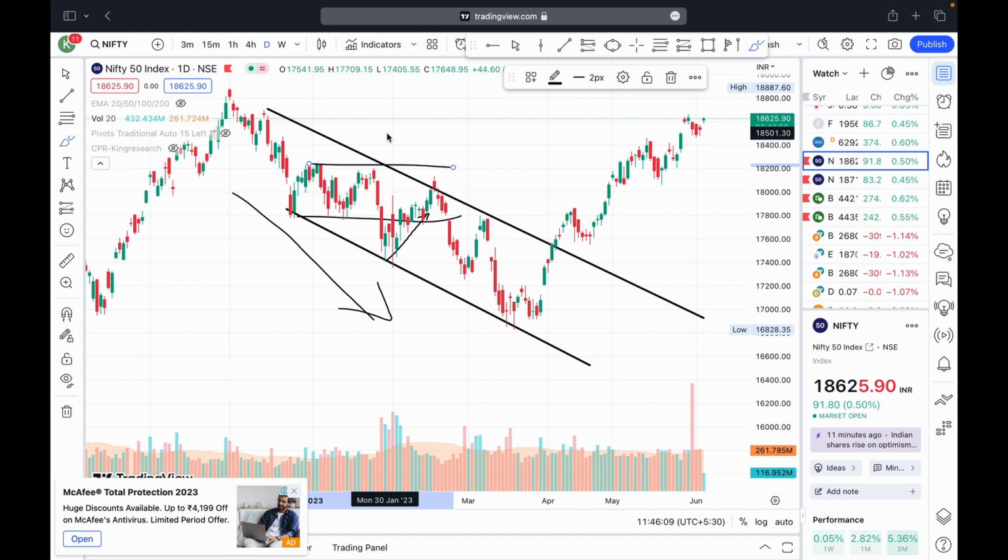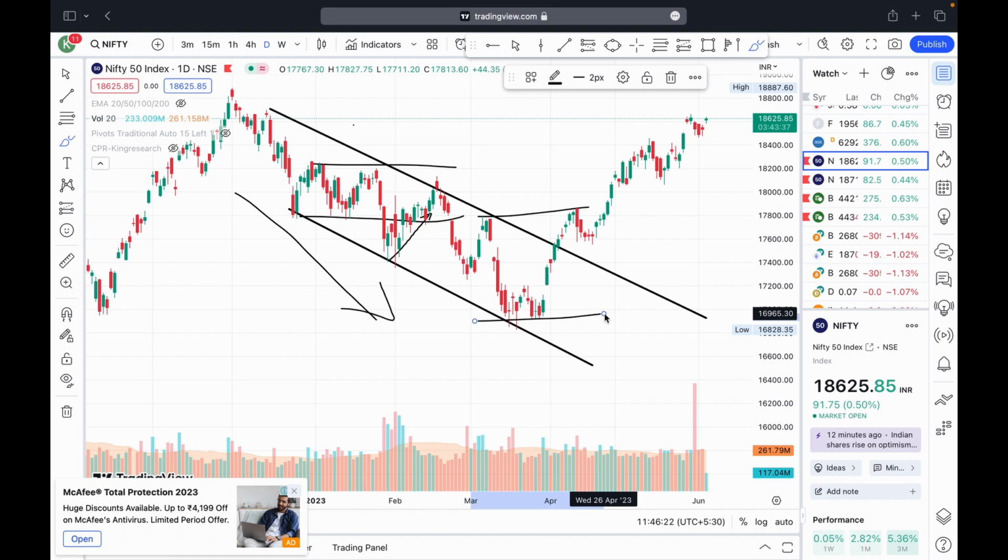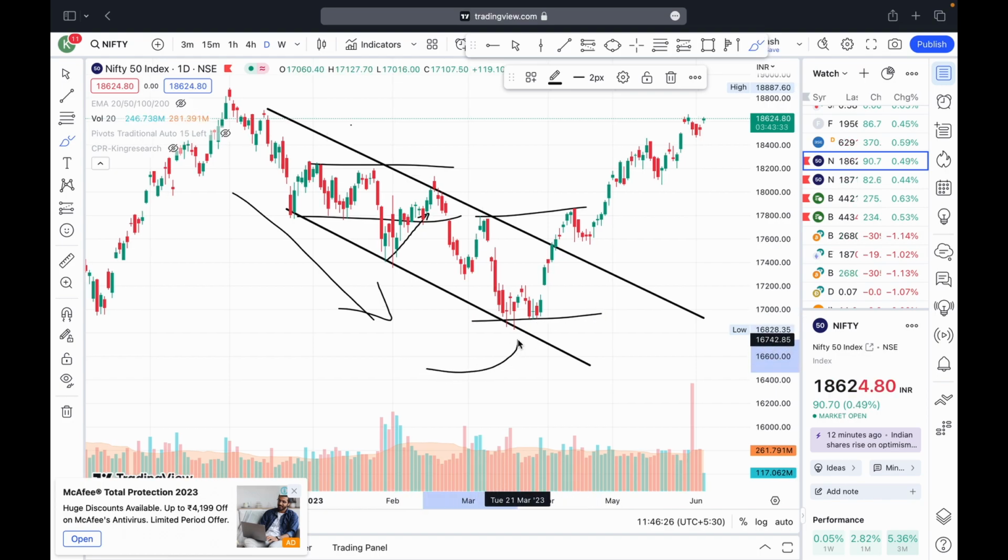This is a signal for a trend reversal also, because after the channel, the range market comes into existence because the buyers basically start building up their positions and the sellers are losing out.